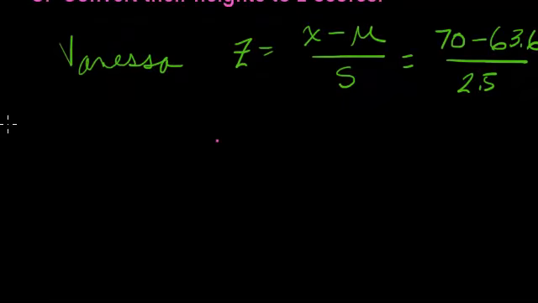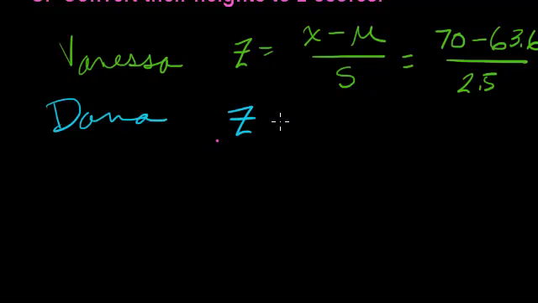And let's do the same for Dana. Her height minus the mean divided by the standard deviation. This should be sigma. Let me make that correction because we have population data. Okay.